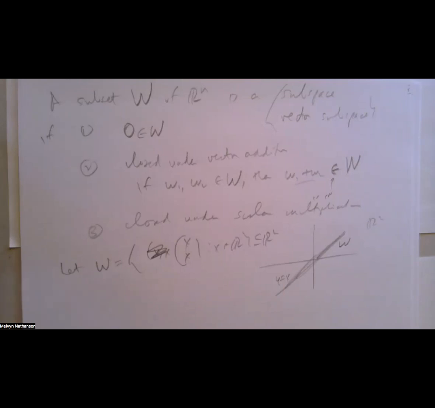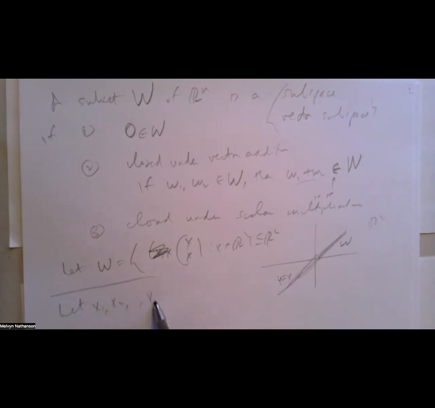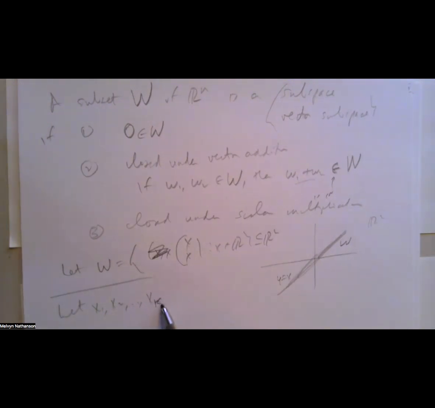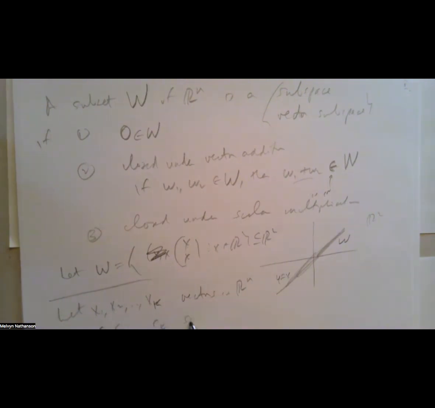And vector subspaces have nice properties. In general, suppose we have vectors x1, x2, up to xk. So these are k vectors in Rn. And suppose I take c1, c2, up to ck, scalars, which just means numbers.